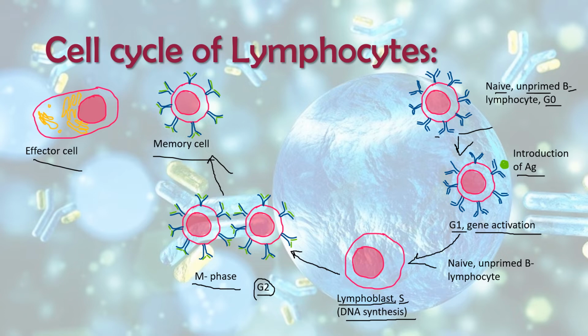The effector cell is also called a plasma cell, and it is helpful in eliminating antigen because it is the production house of antibodies. They produce a large number of antibodies which are specific to that particular antigen.